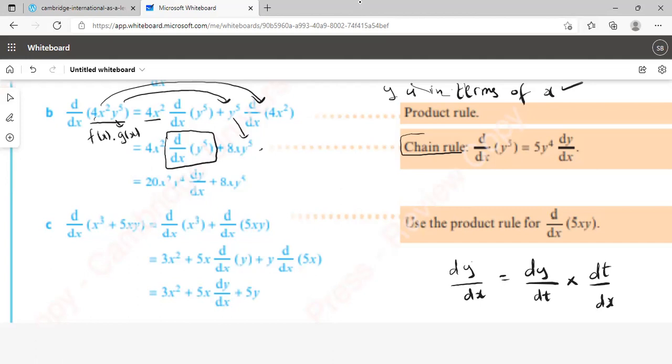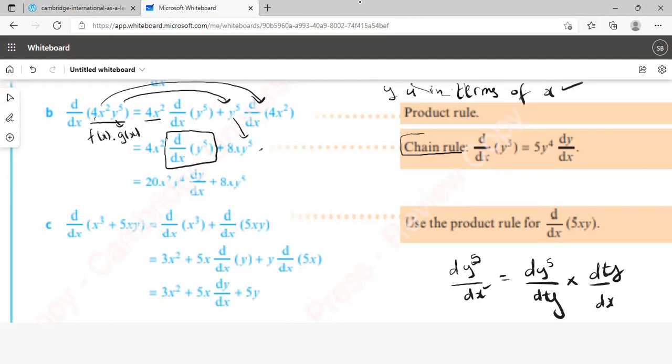Now this y and this x, they are not variables which we would say are fixed. No, it is not like that. We prefer using y and x most of the times, but in this case, this y to the 5 is y basically. This is our y in this case. If this y to the 5 is our y, so we would have dy because there is no dt, and then we will write dy/dx.